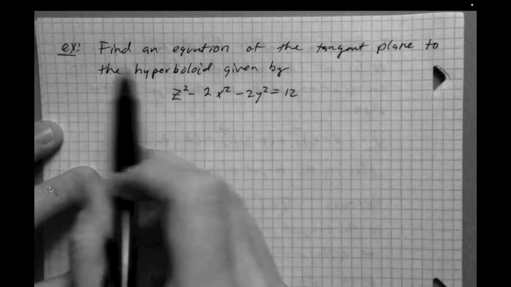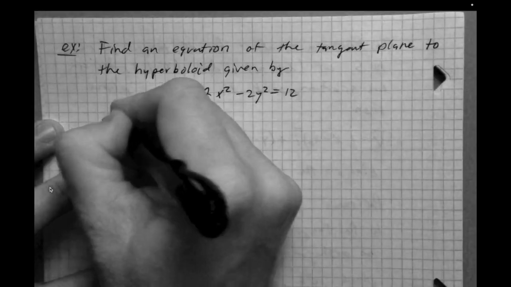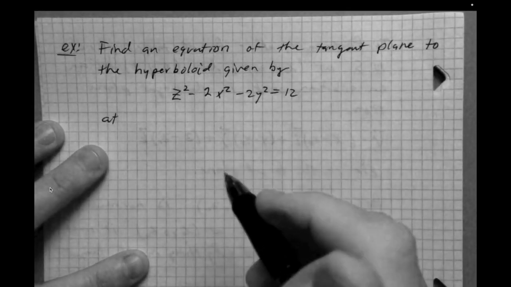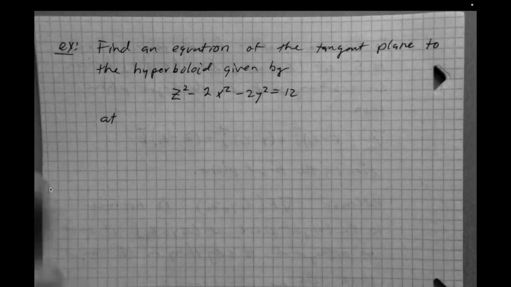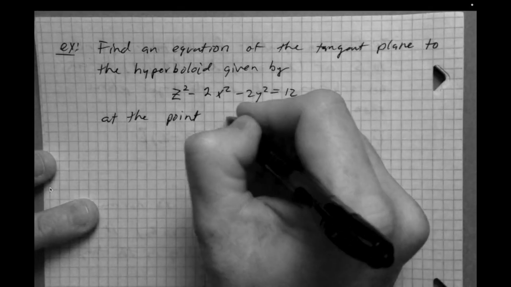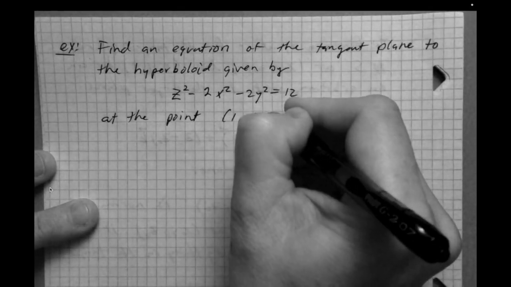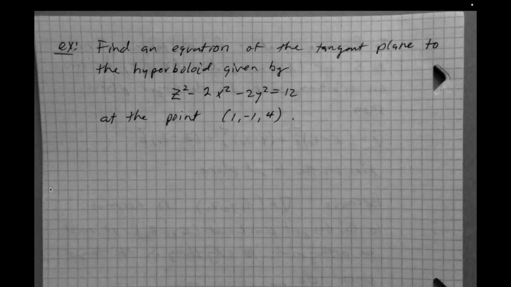Okay, and so we want to find the equation of the tangent plane to the hyperboloid given by this equation at the point, right? You're always going to need a specific point if you're looking for a tangent plane, because depending on what point you're talking about, the tangent plane will obviously vary. So at the point (1, -1, 4).